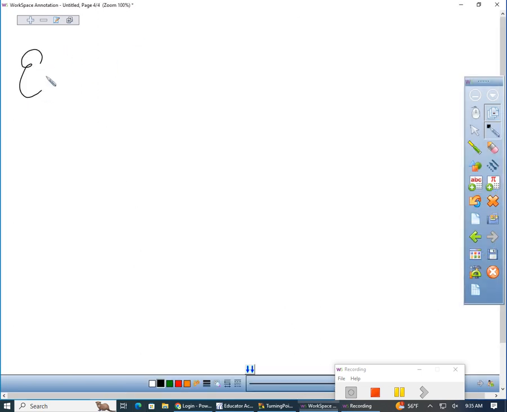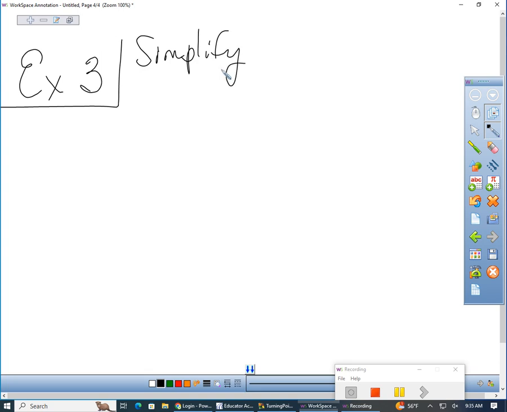Example number 3. Again, I'm going to ask that you simplify. Let's say I have negative 4 square root 45. All right, so 45, can we break down 45?